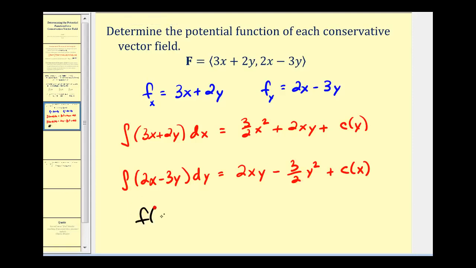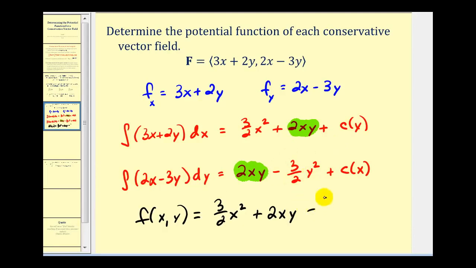So f of x, y must contain the term 3 halves x squared. It must also contain the term 2xy. Notice this term does occur in both antiderivatives. And looking at our second antiderivative, we also have a y squared term that we have to include.